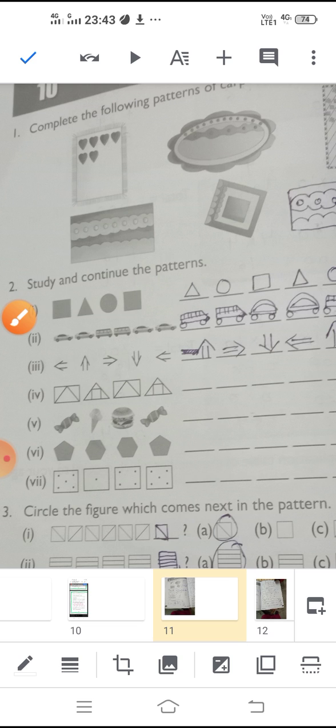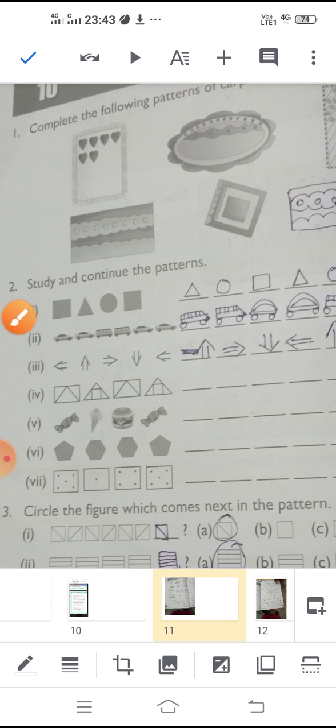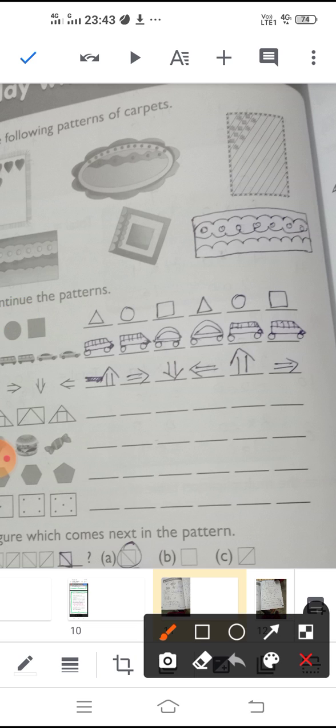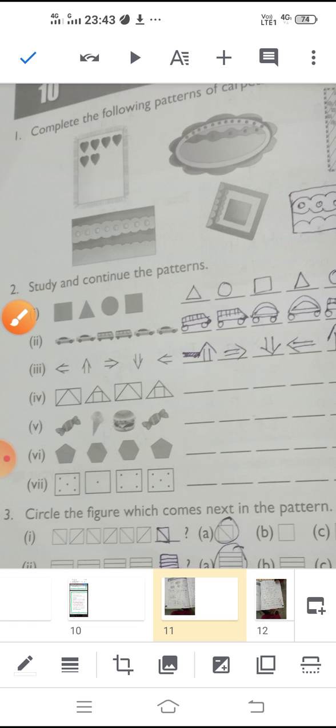Now come to the next. First they have drawn 2 cars, then 2 buses, then 2 cars. So the same pattern you will continue. You will draw 2 buses, then again 2 cars, then again 2 buses.